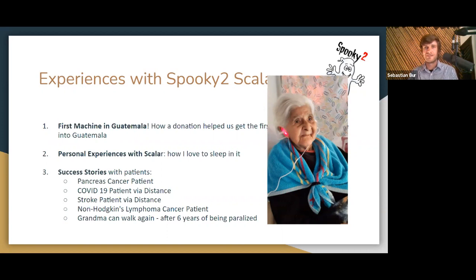But we also put the scalar just around her bed, and put some remedies on there and melatonin to sleep better. And so after a week or 2, she felt a little bit better. And then after about 3 weeks, all of a sudden, she just got up and walked to the toilet.